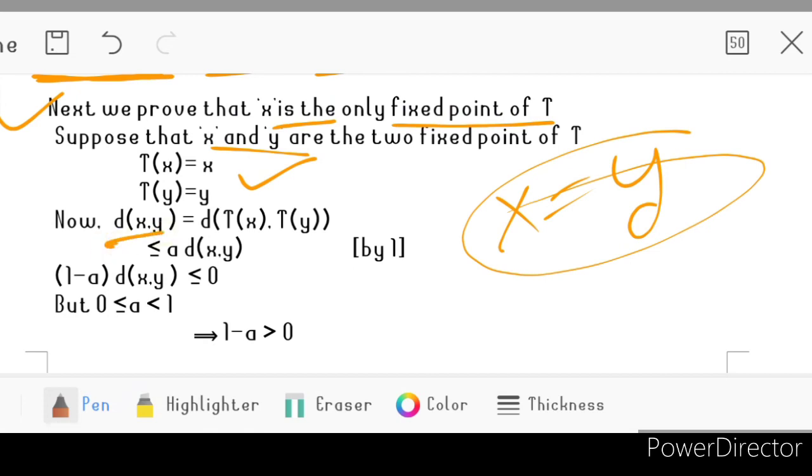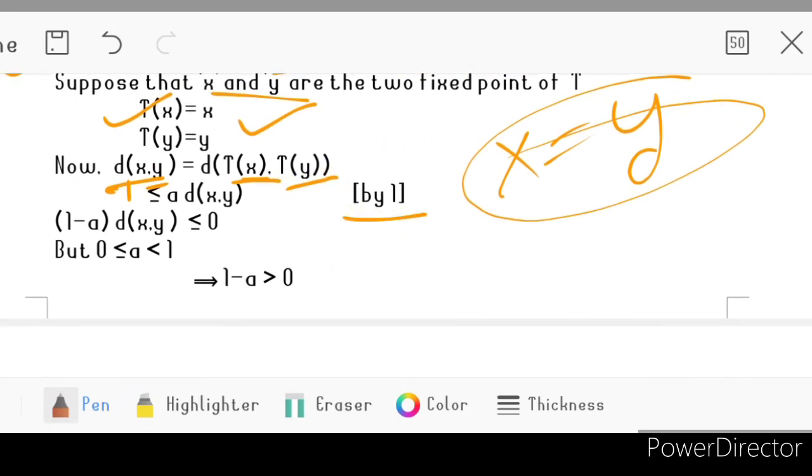Now we are finding the distance between x and y. So instead of this x we can write T of x, and instead of this y we will write T of y, and by equation number 1 we will take alpha common and we will be left with d(x,y).